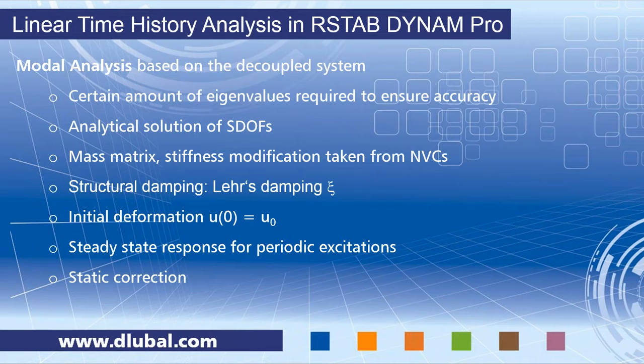So instead of calculating an enormous number of eigenvalues to reach some amount of activated mass, you can instead use the static correction feature, also only available for the modal analysis in RSTAB.